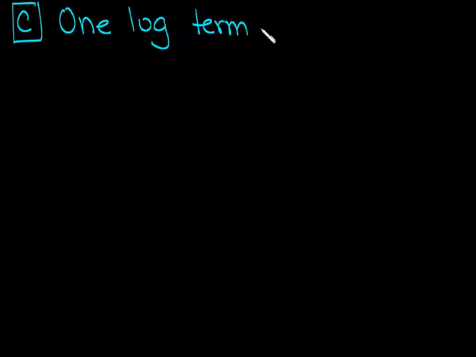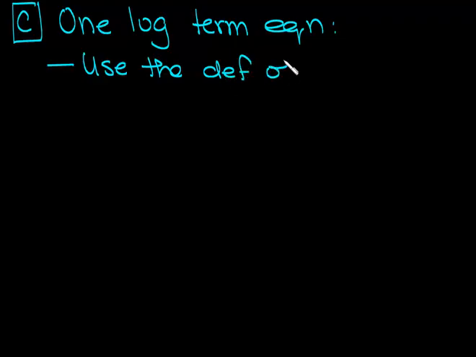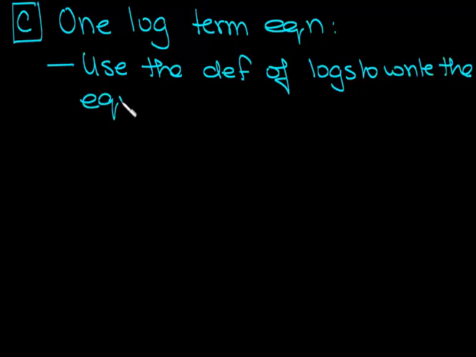The next type of equation we have is the one log term equation. In this case we want to use the definition of logs to write the equation as an exponent.